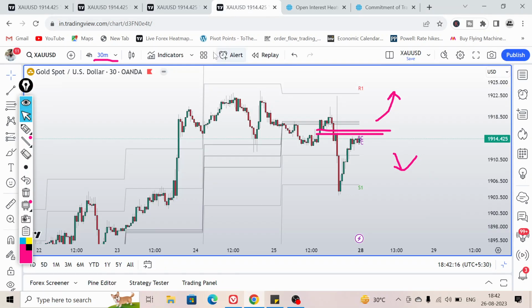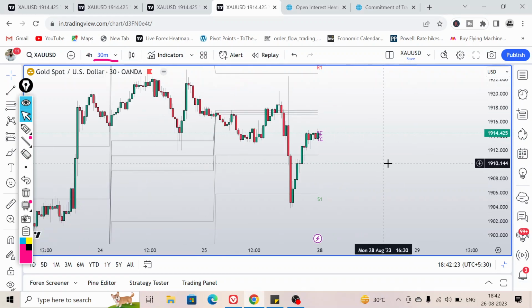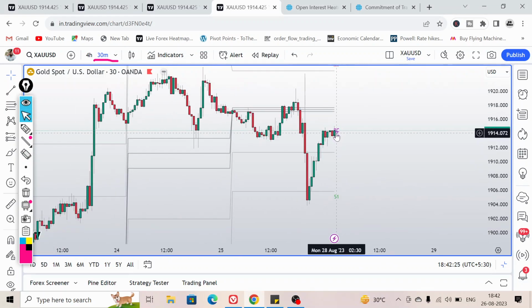Also, if we look at the CPR of the next day, as you can see, the price is currently closing at the CPR, so it is not favorable to say buy or sell right here. Either we wait for it to trade below the CPR, then we can look for sell only, or we wait for it to reject from this level.